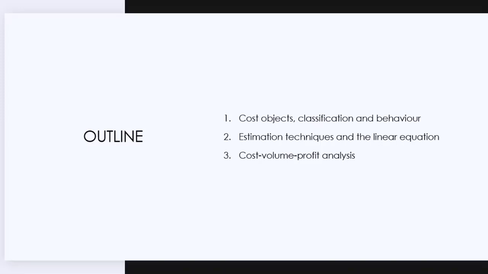So we're also going to look at cost estimation techniques and cost volume profit analysis. CVP helps you analyze, from the profit that I have, at what costs and volumes I needed to make this profit.